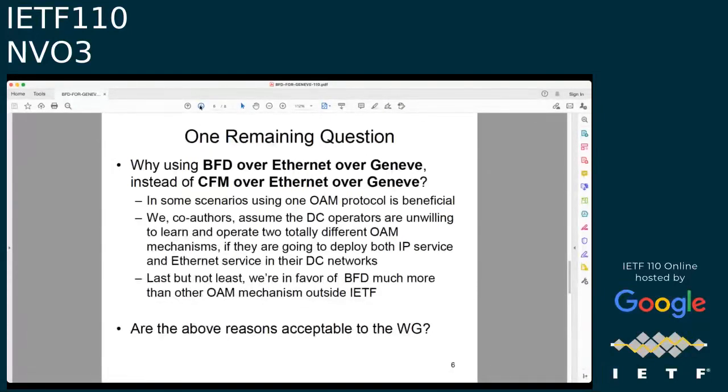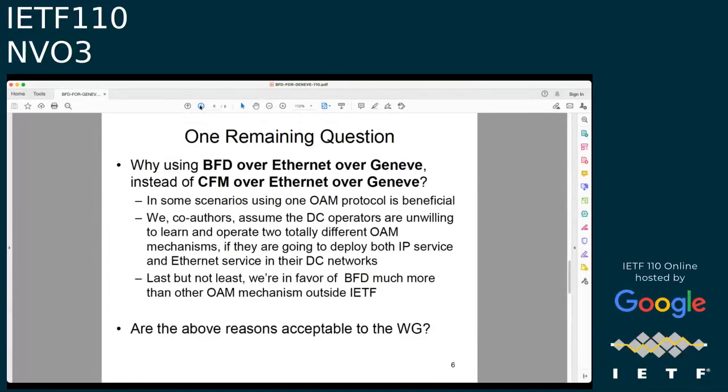Number 2, the authors assume that DC operators are unwilling to learn and operate two totally different OAM mechanisms if they are going to deploy both IP service and Ethernet service in their DC networks.